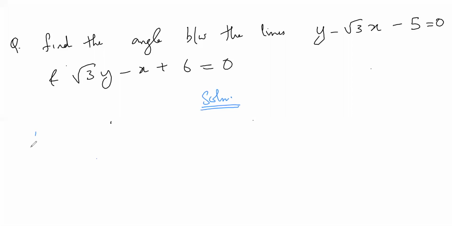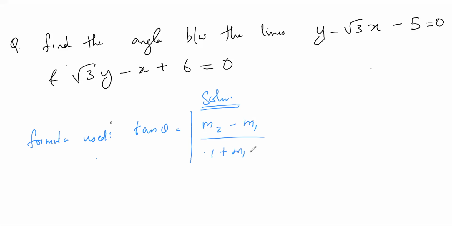Formula used: tan theta is equal to mod of m2 minus m1 by 1 plus m1 m2. So clearly we can say here, what is it? M1 and M2, correct?